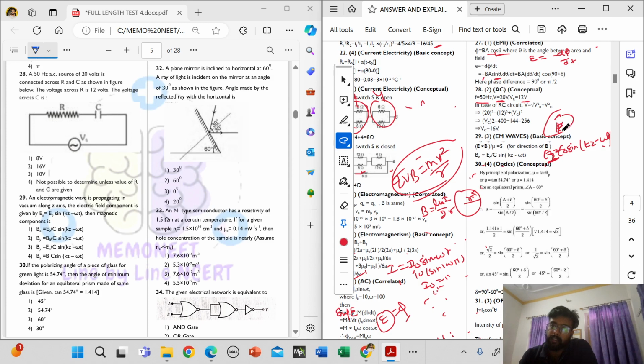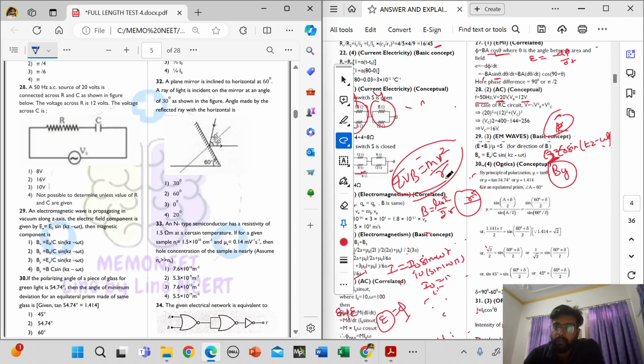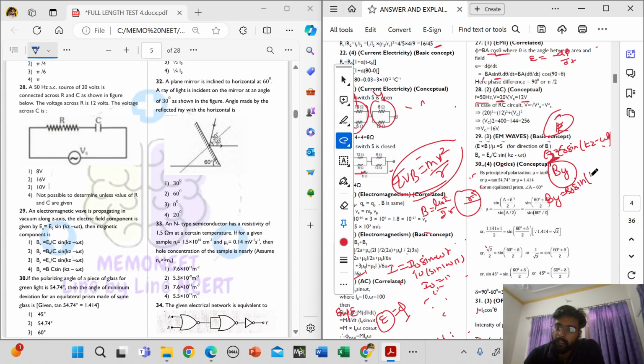Electric field is in x, direction of propagation is k. So the magnetic field will be in the y direction. See the options here, we have three options with By. Okay, this is the answer, option number.